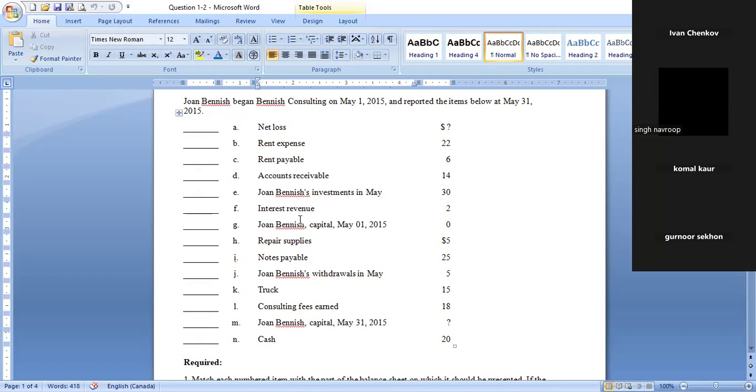Refresh yourself. Last time I gave you a list with the different types of accounts, and you did very well. I was impressed how well you identified the accounts. Same thing you have to do on your test next time. So every time you see prepaid expense, remember that's an asset account. Every time you see unearned revenue, remember that's a liability account.